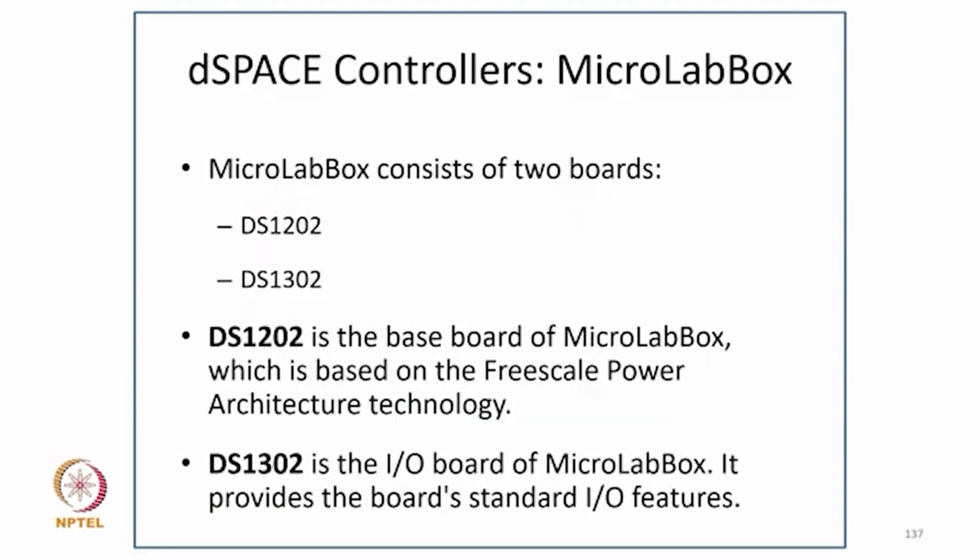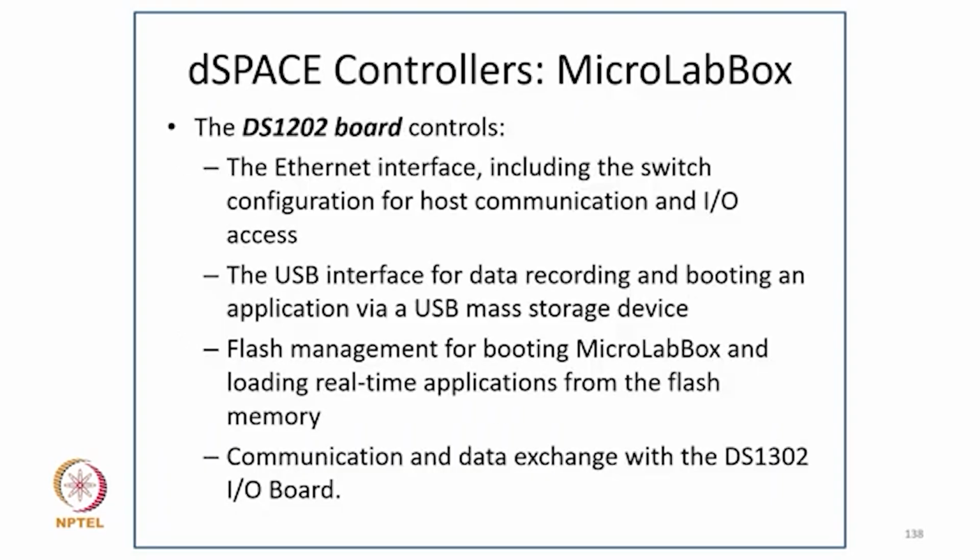The MicroLabBox consists of two boards, DS1202 and DS1302. DS1202 is the base board of MicroLabBox, which is based on the Freescale Power Architecture technology, and DS1302 is the input-output board of MicroLabBox. It provides the board's standard input-output features.